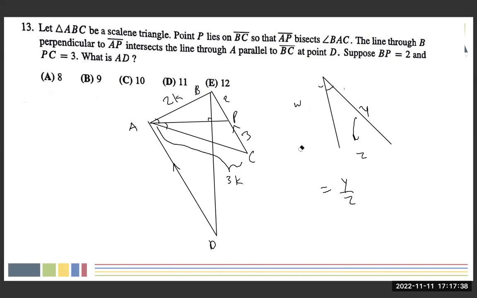Okay, so now we're making progress because we have another ratio to work with, and actually we can make even more progress because of AB, and now let's call this intersection point here E. Well, we know that ABE is an isosceles triangle because these two angles are equal where there's a perpendicular.